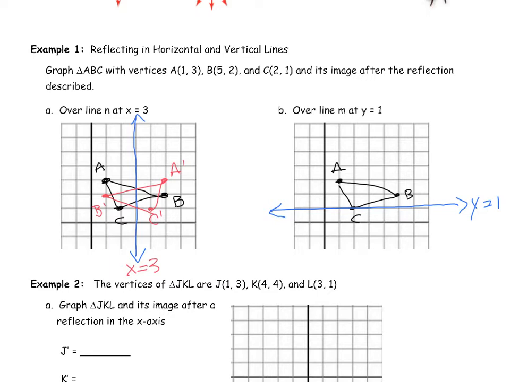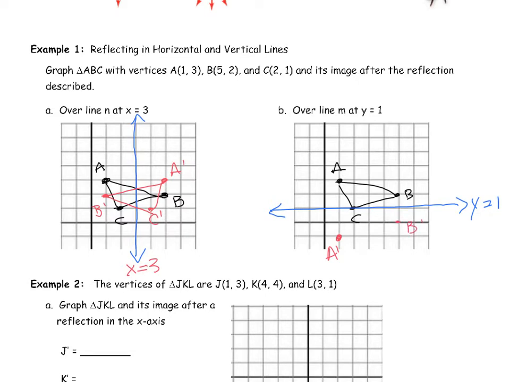So A, if I'm looking at A first, is 2 units from the line of symmetry, or line of reflection. So it's going to have to be 2 units away on the other side of it. Okay, B, I can see is only 1 unit away, so therefore it would be also 1 unit away in the other side of it.